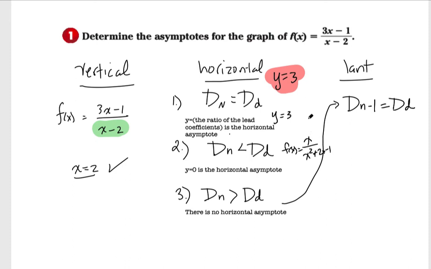What's really the heavy hitter in the numerator is this x term, and what's really the heavy hitter in the denominator is this x squared term. So as x goes closer and closer to positive or negative infinity, we can think of positive infinity and negative infinity at the top and bottom at the same time.